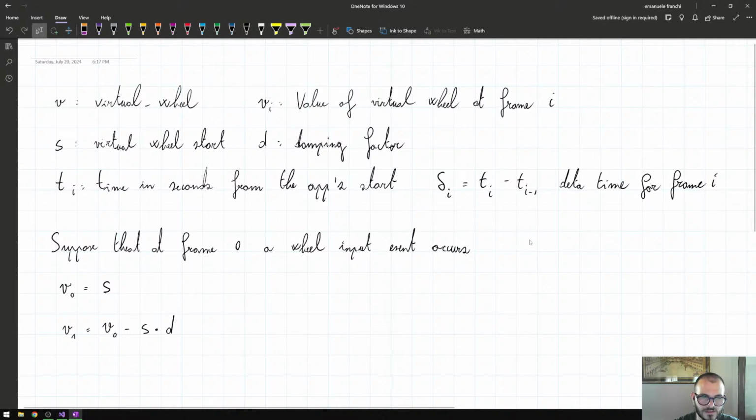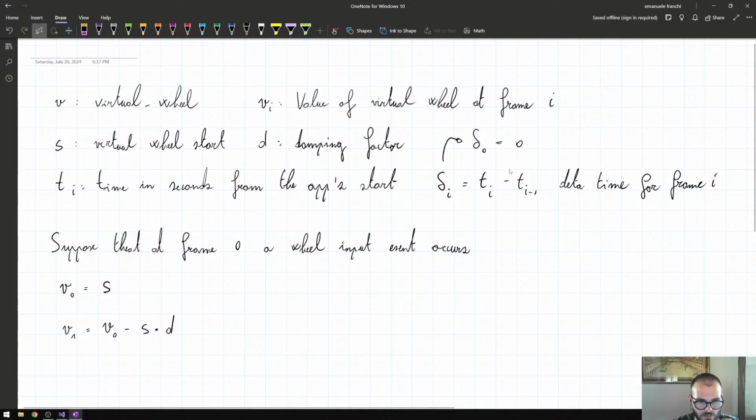How is it? Delta 0 would be, by definition, we define it as 0. Then the delta i is basically Ti minus Ti minus 1.